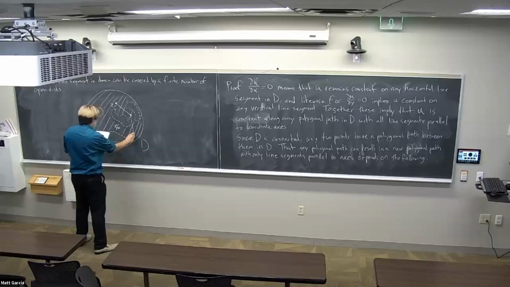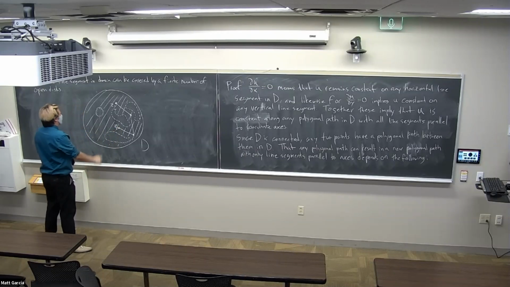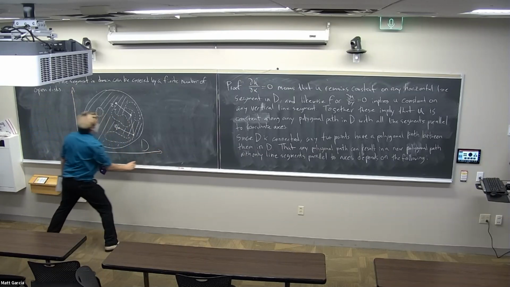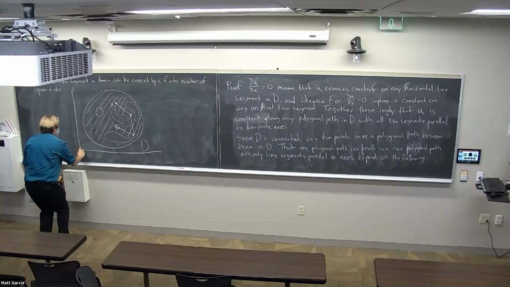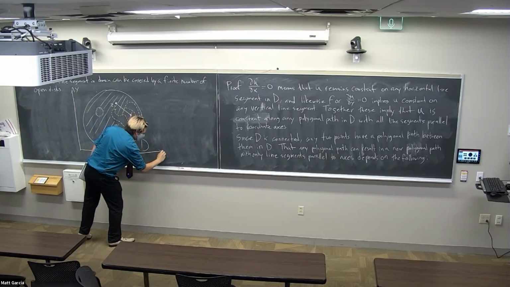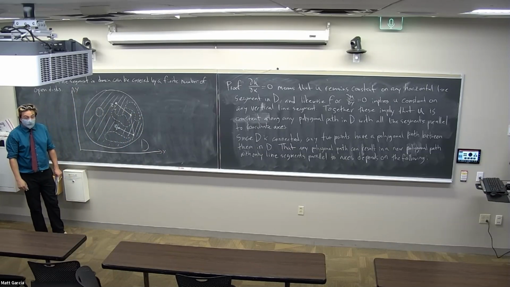And then I can come up to Z2 here. Of course, let me say none of these line segments in my polygonal path are parallel to the x or y axis.